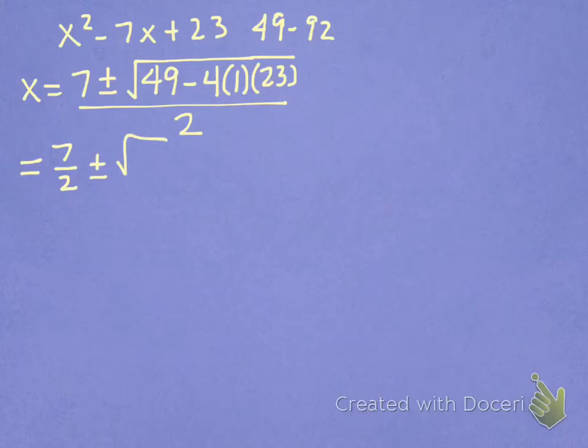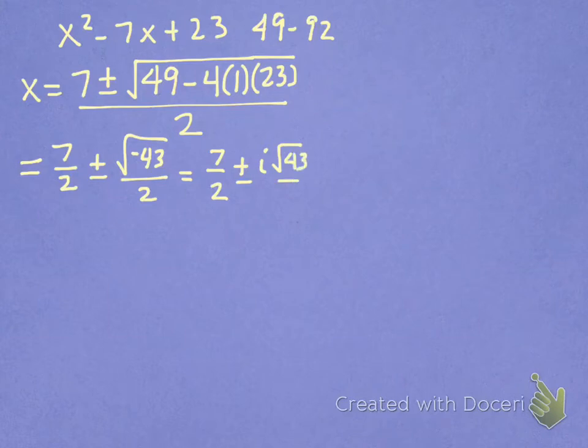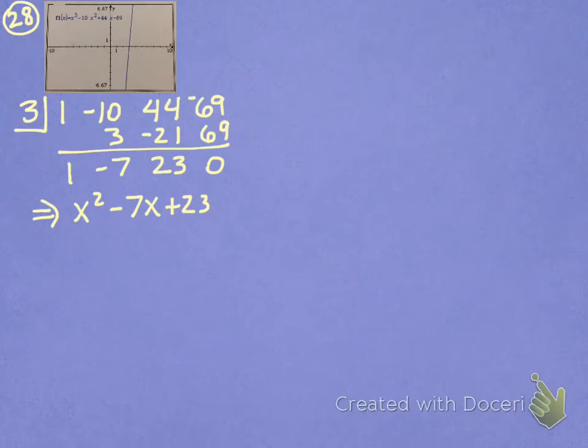So inside the square root we have negative 43 over 2, and then I can clean up that negative square root by pulling out i, and that is my 2 zeros. Now we're going to put that into our linear factorization.